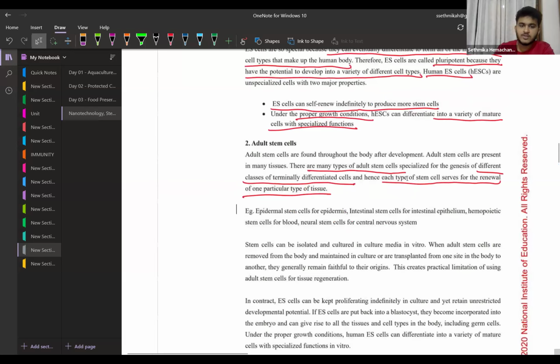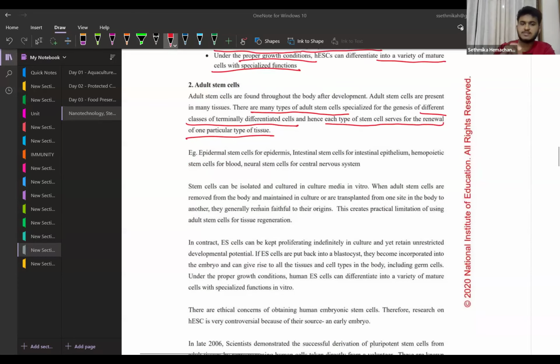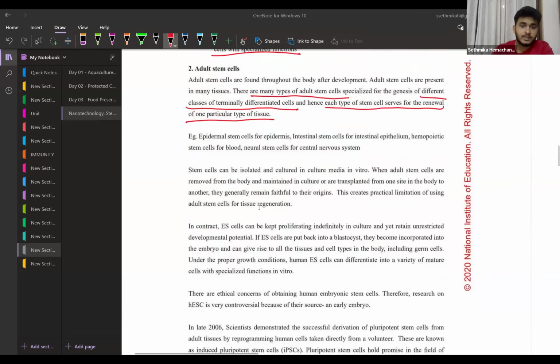Epidermal stem cells serve only the epidermis. Neural stem cells serve only the central nervous system. Okay, so one stem cell type only forms a certain type of cell.